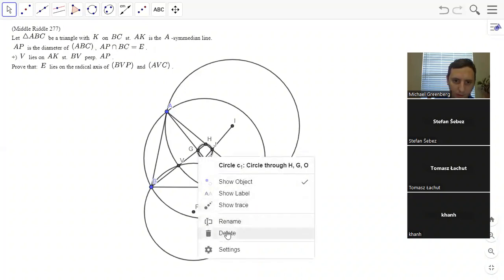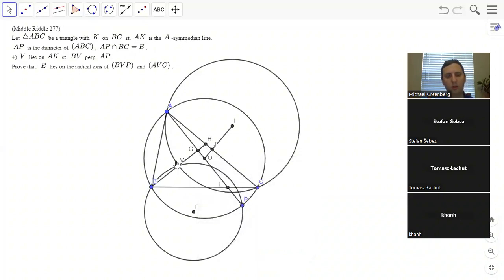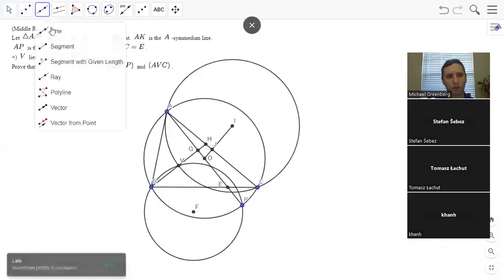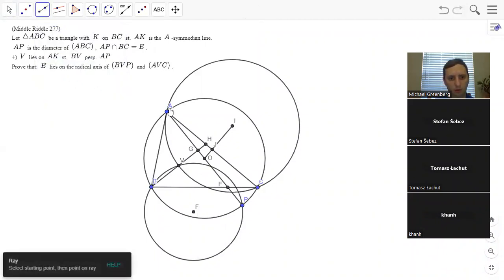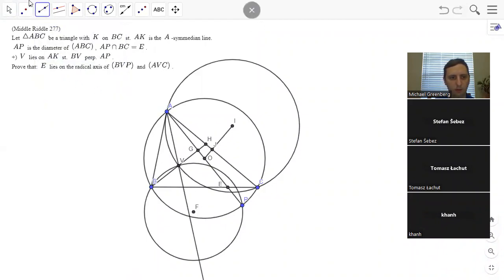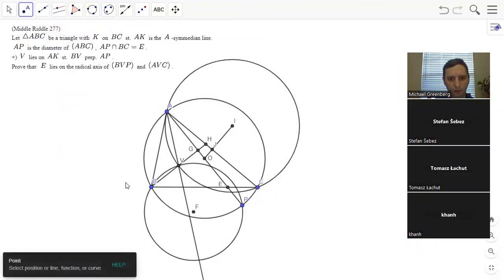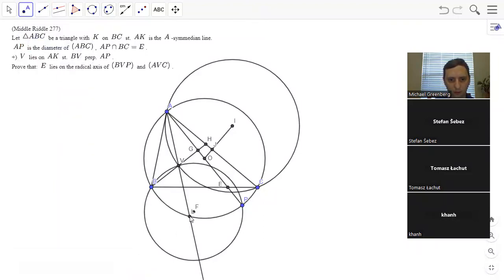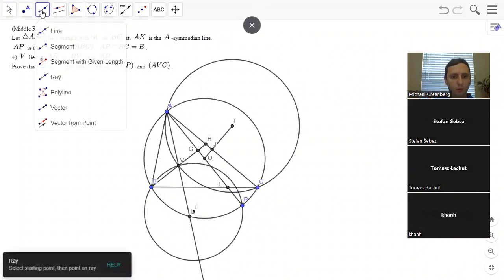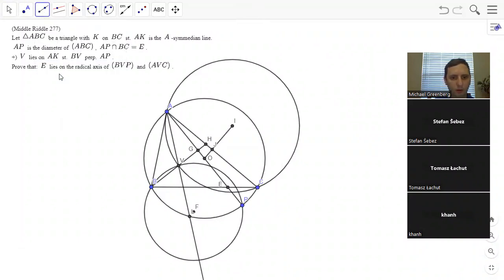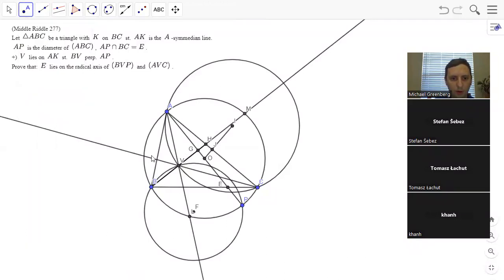Can you connect AV with circle O? Also BV and CV, with circle O. So it'll swap all these points.